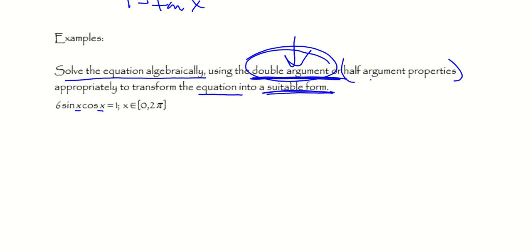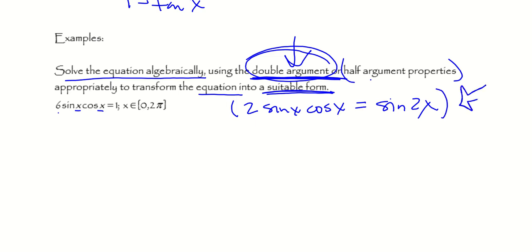Well, we have a double angle identity that doesn't say 6 times sine of x times cosine of x, but we have an identity that says 2 times the sine of x times the cosine of x will equal the sine of 2x. So I would have something to use.